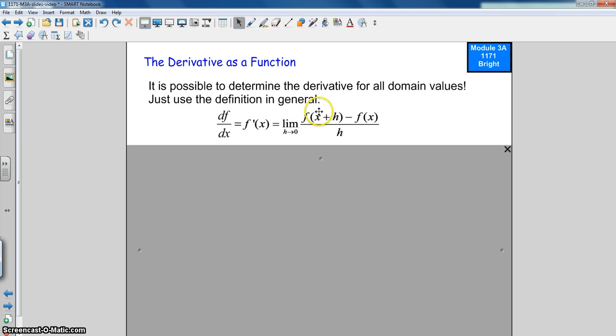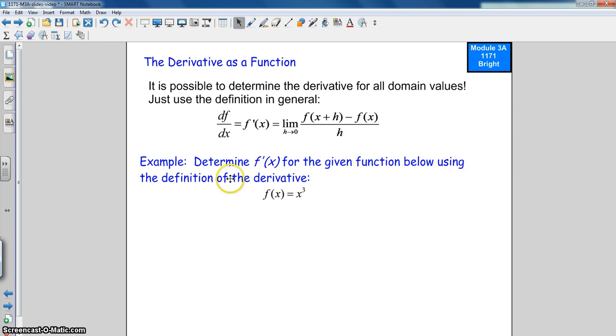And you'll notice that in our difference quotient now, instead of a, we have x, and x is just, again, any domain value. So here, if we want to do this longhand, and you'll see in a little bit that we actually have, I don't want to say shortcuts, but shorter ways to do these problems. But right now we'll do this by using the definition of a derivative.